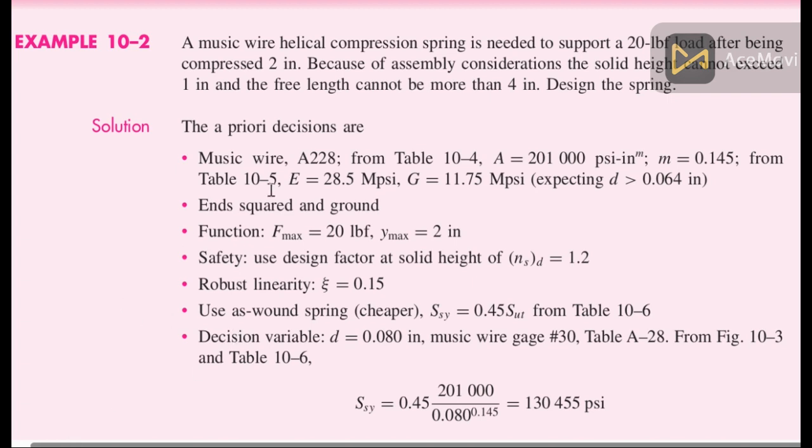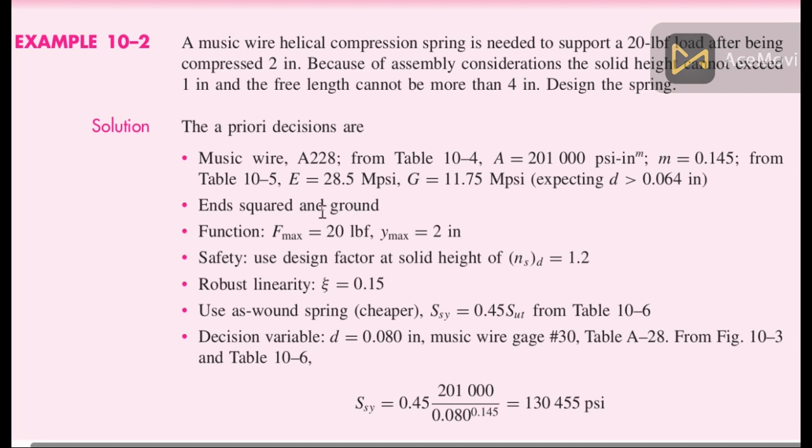I will not read the complete problem because you can find it in your book. I will tell you about some given things. Here A is equal to 201,000 psi, m is equal to 0.145, and E you can find, 28.5 psi, G is equal to 11.75 psi, expecting that d is greater than 0.64.